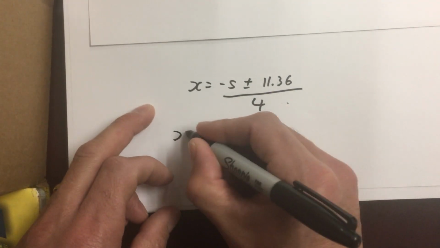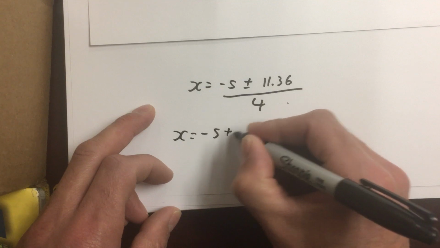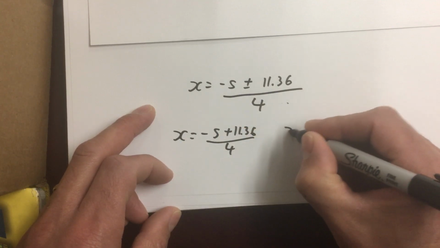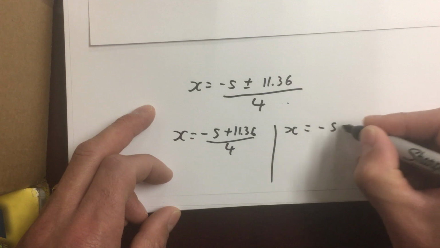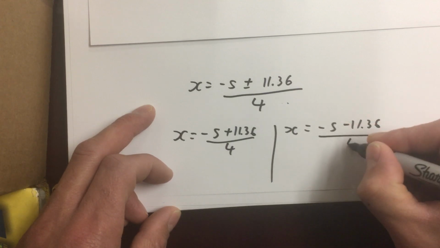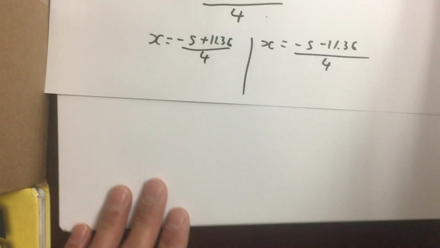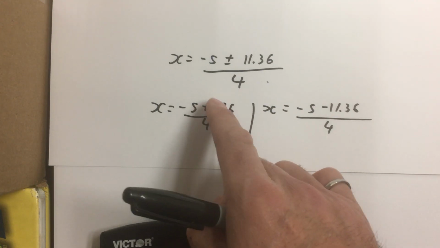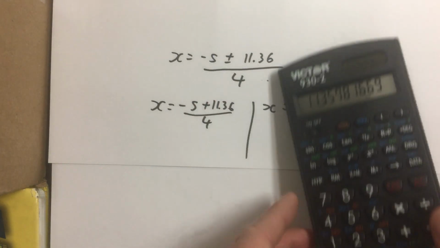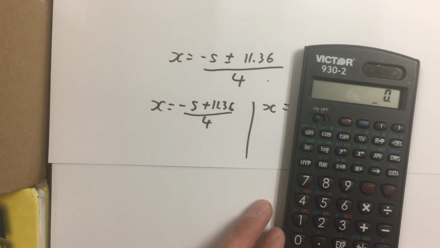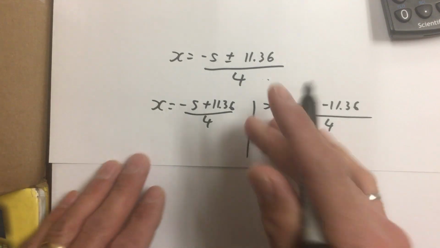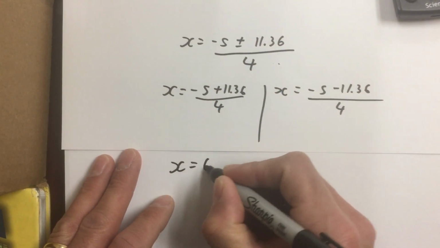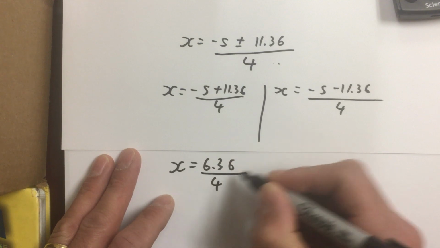So it breaks into 2. And I'm going to use a calculator because of these decimals. I'll deal with the top first. So I've got -5 plus 11.36 is 6.36 over 4.